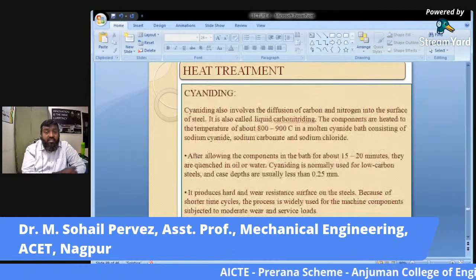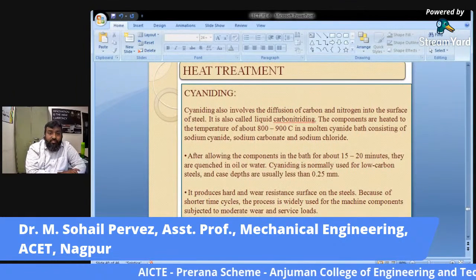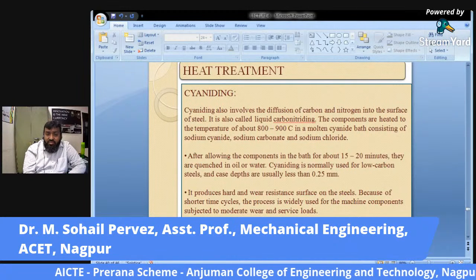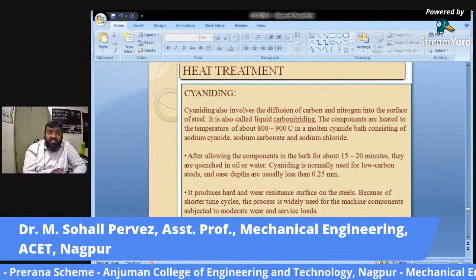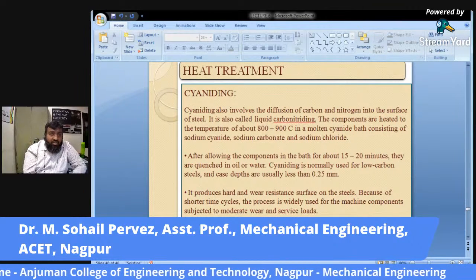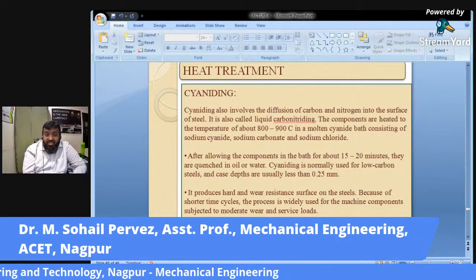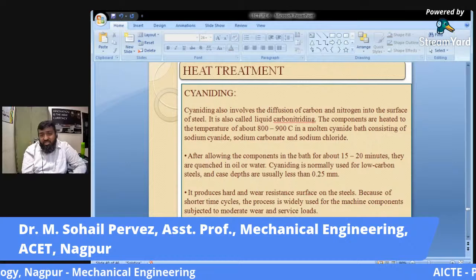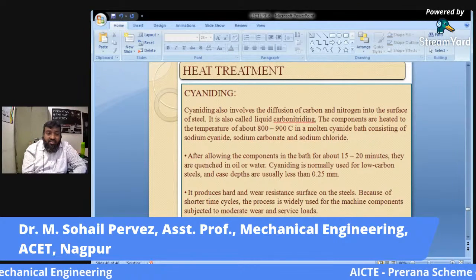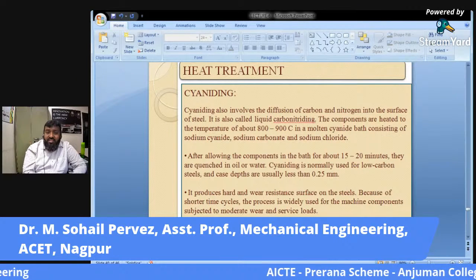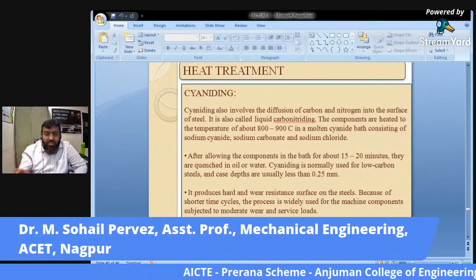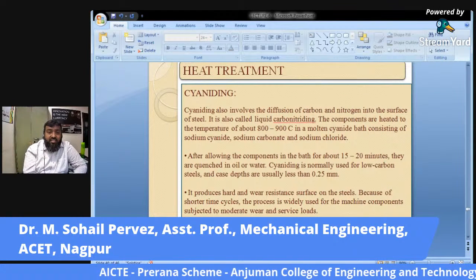The next is cyaniding. Again, a surface heat treatment, and generally cyaniding is used for durable parts such as small gears, nuts and bolts, screws where shock absorption is required, and the range of applicability is very large.